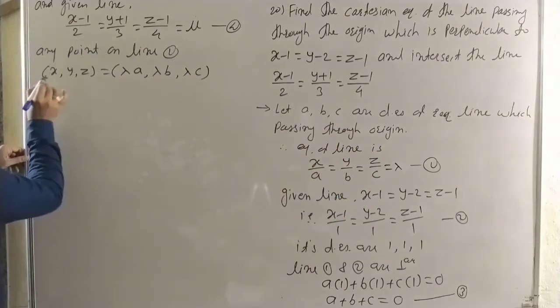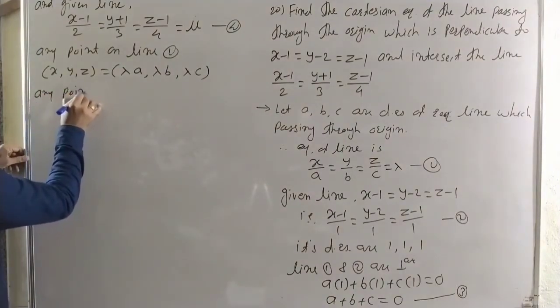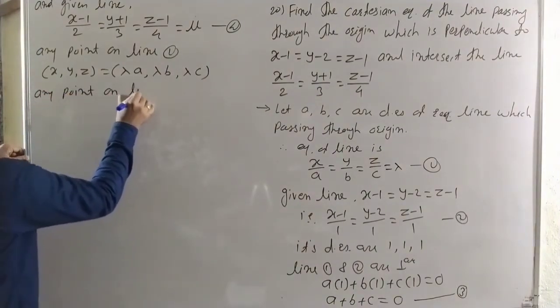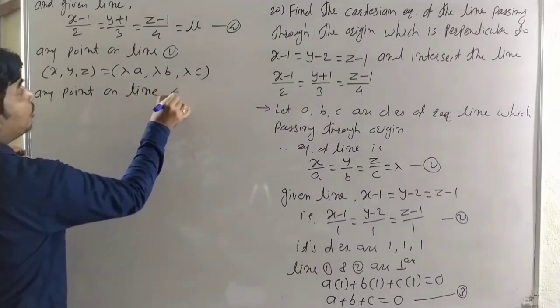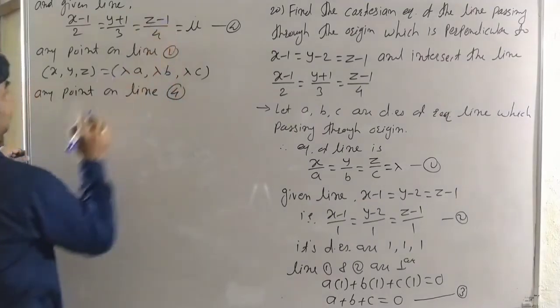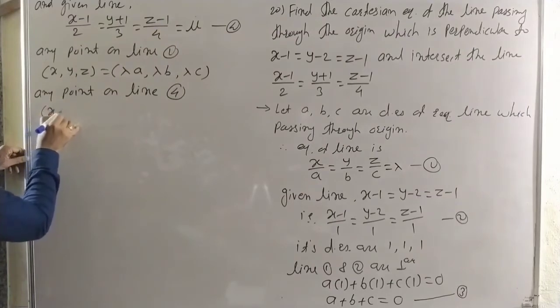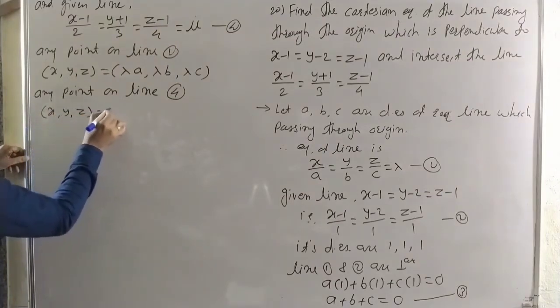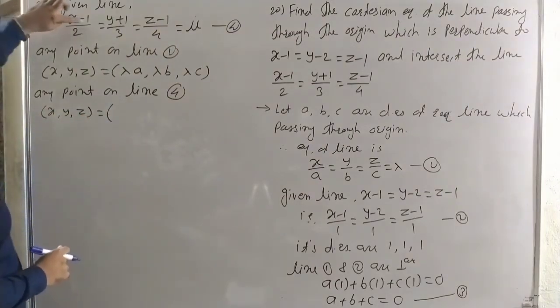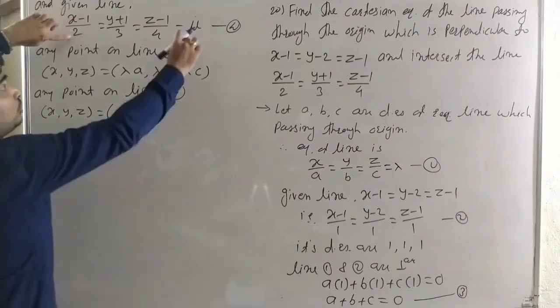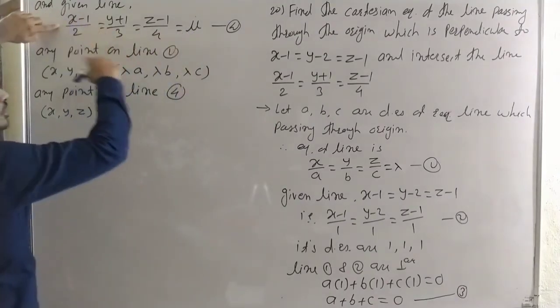And by 4, any point on line 4, see carefully, x minus 1 upon 2 is equal to mu. That means x minus 1 is equal to 2 mu.